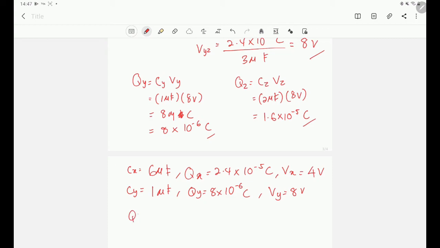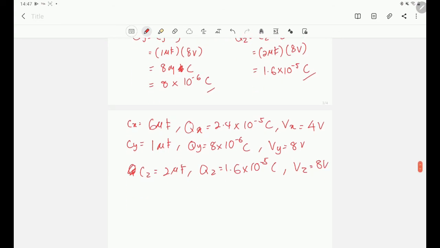And then Cz is equal to 2 microfarad, and Qz is equal to 1.6 times 10 to the power negative 5 coulomb, and Vz is equal to 8 volt. So right now we have done.